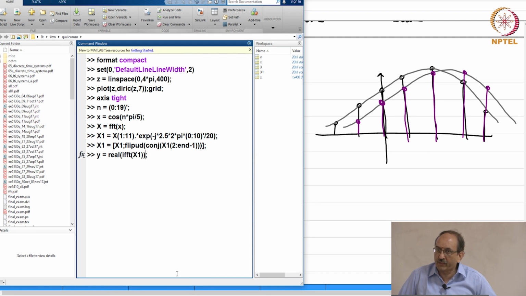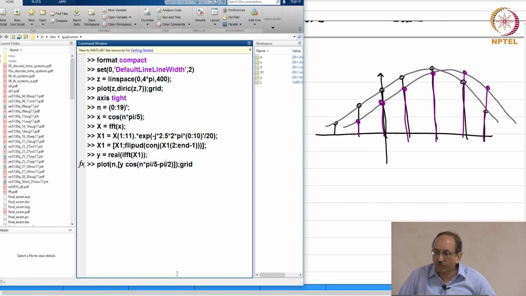The inverse DTFT is accomplished by IFFT, and if things were ideal, because of the symmetry of the transform, the inverse transform would be real, but due to machine precision effects it is not exactly real, and the imaginary part will have some very small machine epsilon values. To get rid of the small imaginary part, I am taking the real part. And now I need to plot.